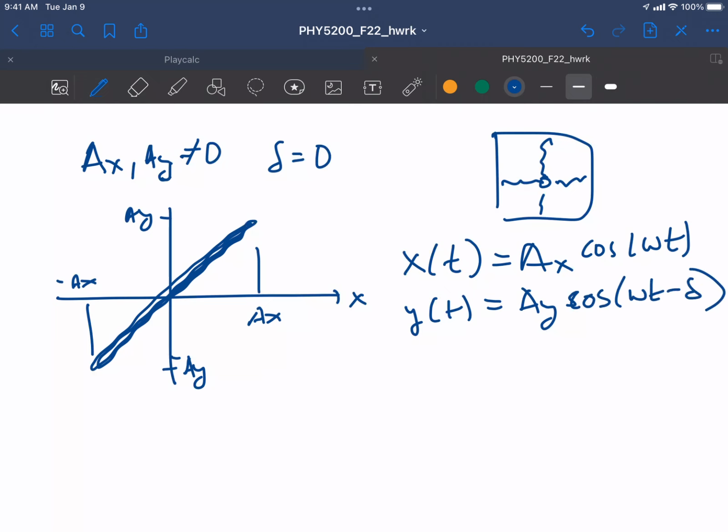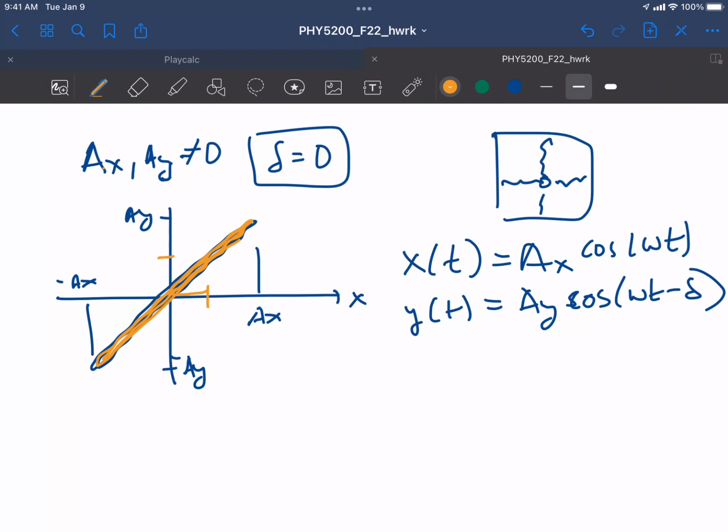In this example, the phase here is 0, so you could easily put a few numbers in here, and you'll see that as x increases by this much, y is also increasing exactly that much. So it is oscillating along this diagonal back and forth. That's what this motion looks like when ax and ay are not 0, but delta is 0.